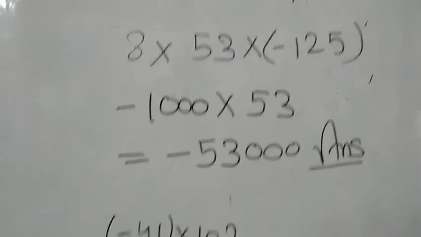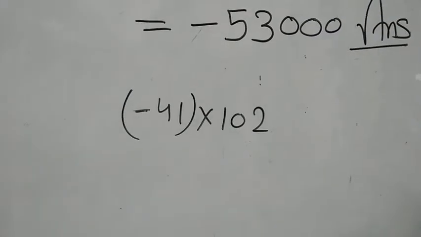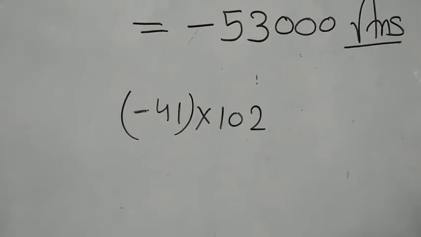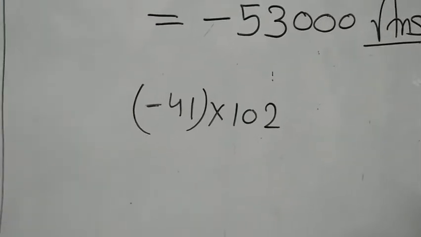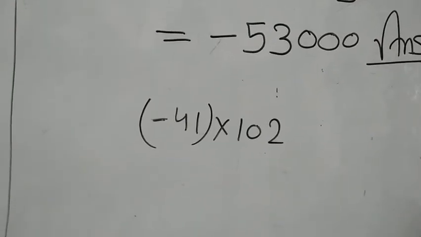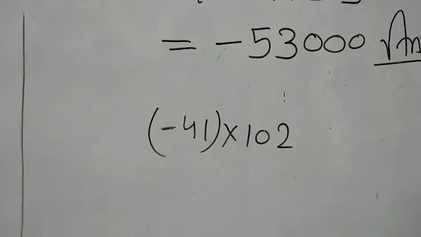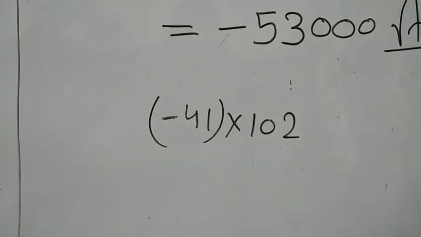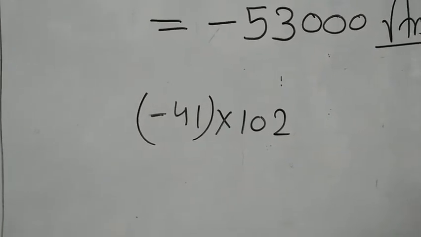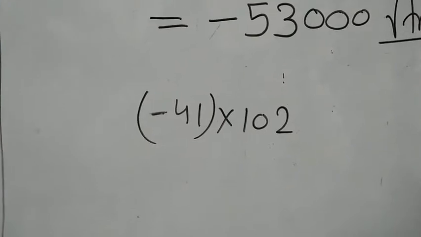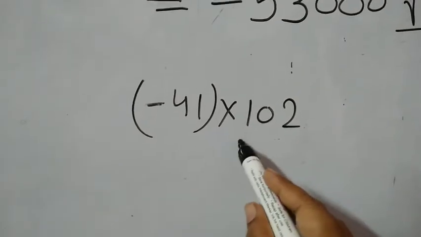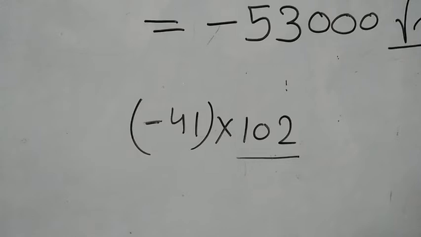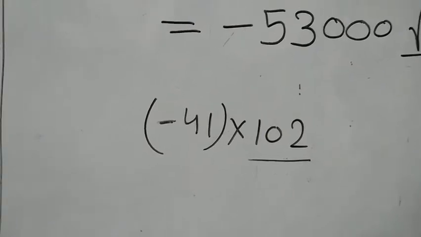Now let's take another example. This is minus 41 into 102. Now tell me which property we can use here. Some of you may say that we can use the closure property, but that is not correct. Here you can see 102. We can divide 102 into 100 plus 2.